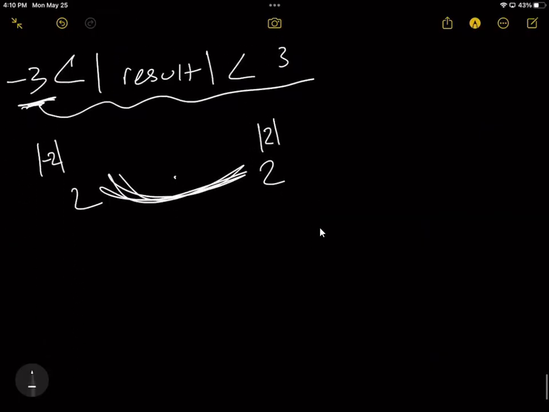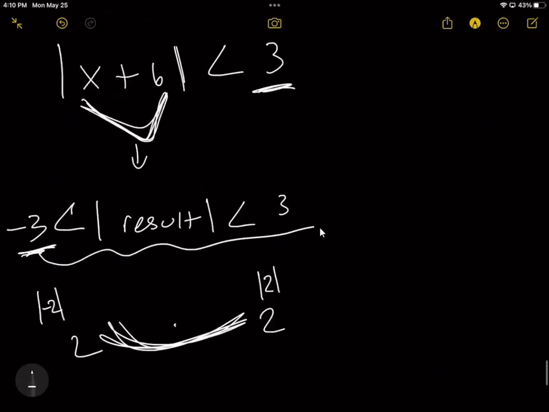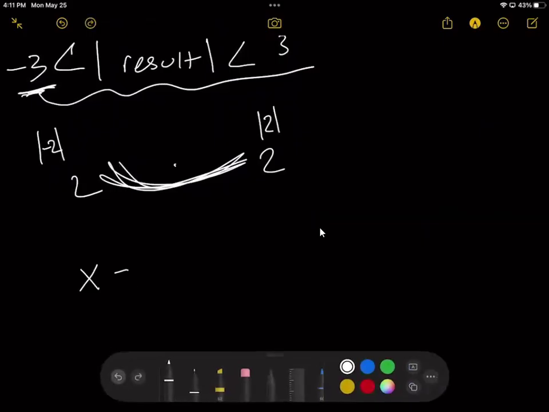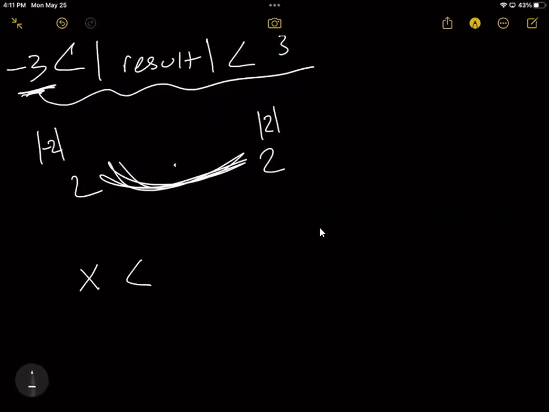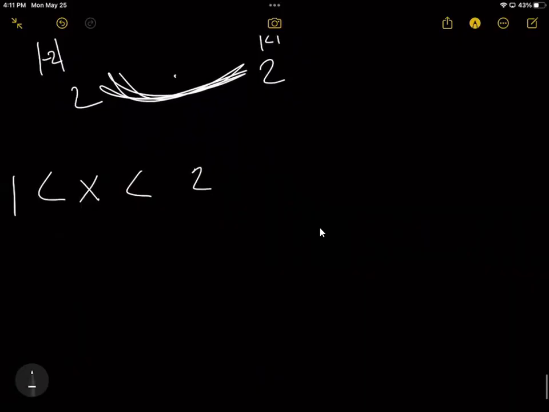So let's say my x value can end up being less than 2 and greater than 1. I made something up, I didn't do the math for this one.